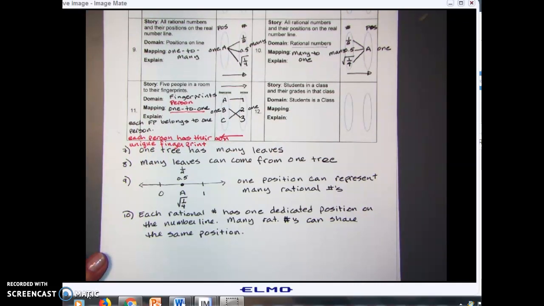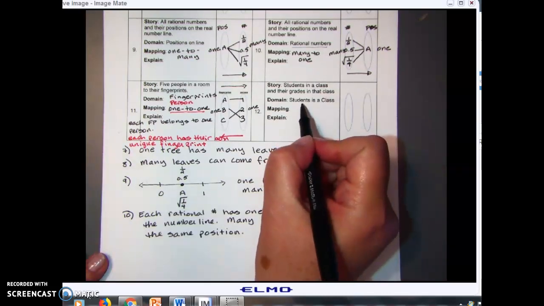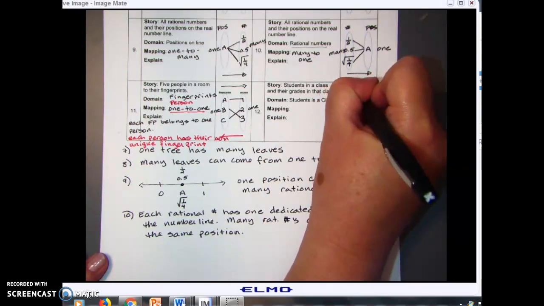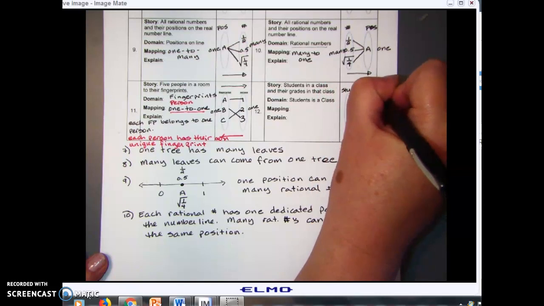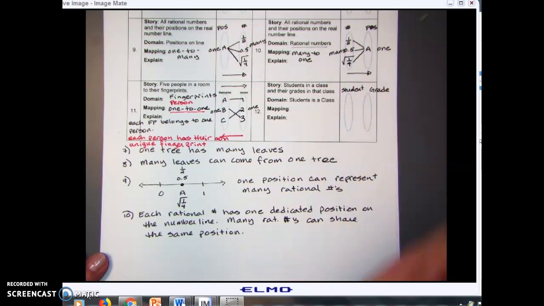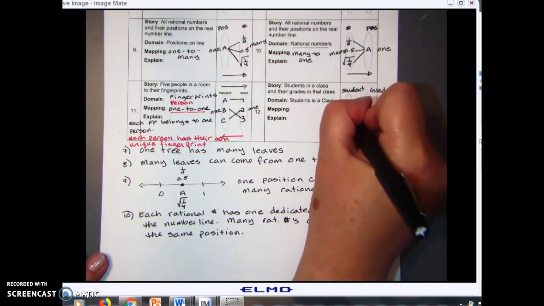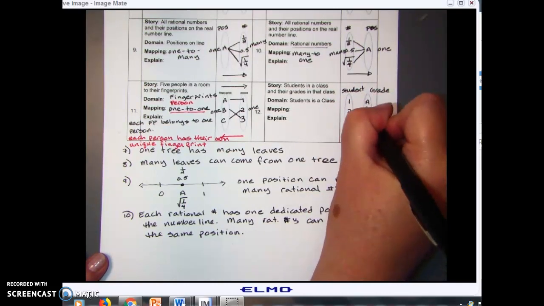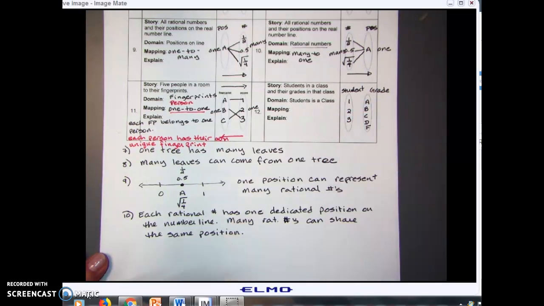All right, so then question number 12, we have students in class and their grade in that class. And so we decided that the domain would be students in the class. So this is students, and this is their grade. So let's say we have students 1, 2, and 3, and then we have the options of A, B, C, D, and F, correct?